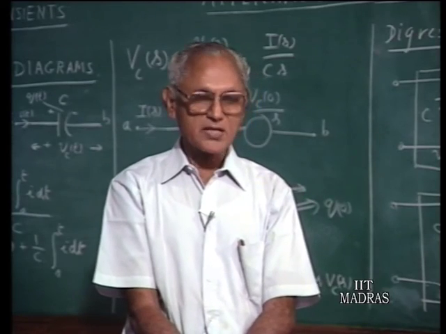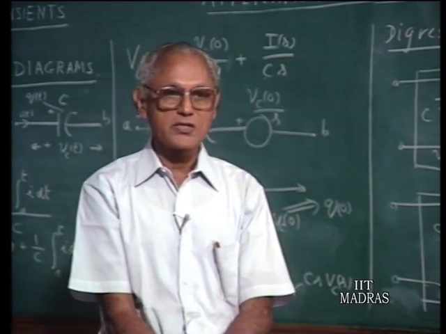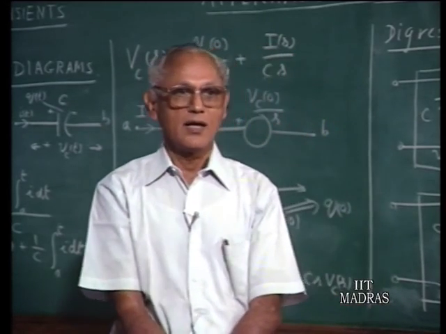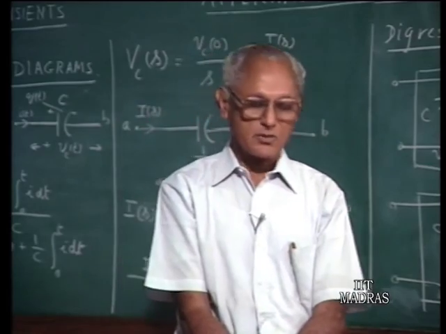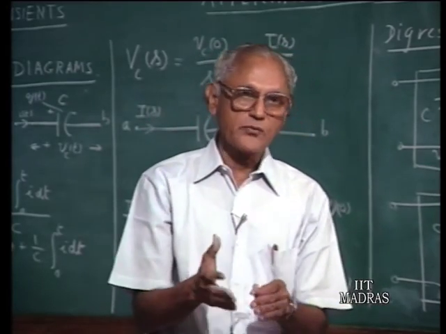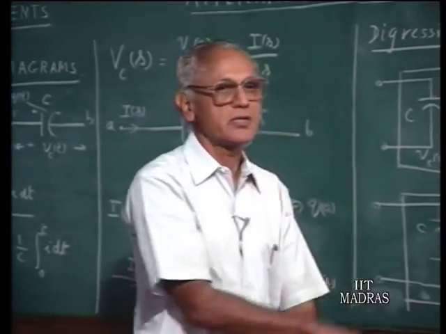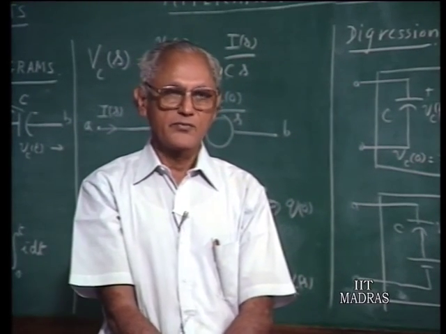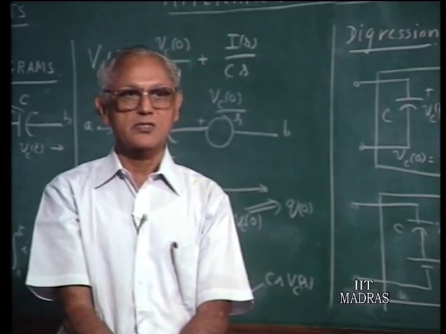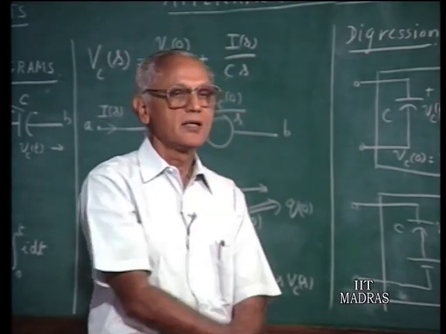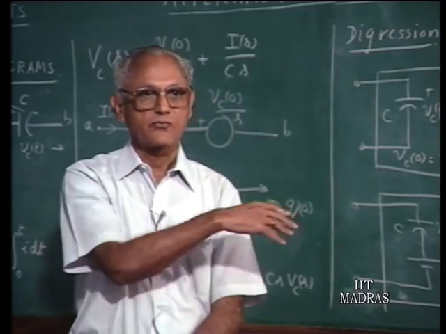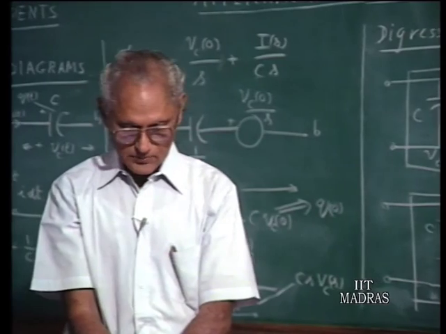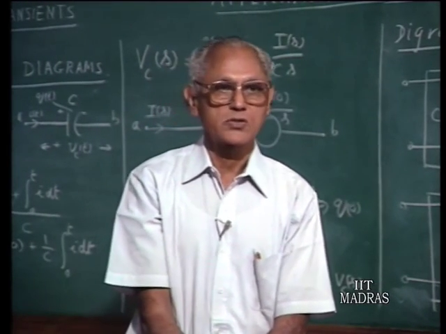We don't have to take additional trouble to find out the 0 plus conditions, because they are not normally known to us beforehand, unless there is continuity between 0 minus and 0 plus. So we don't have to take extra effort to calculate 0 plus conditions and substitute in these equations. It's enough if we take 0 minus conditions. And if there is any transition between 0 minus and 0 plus conditions, that automatically comes out in the final solution. This is one of the advantages of the Laplace transform technique, as you will get to know when you work out circuit problems.